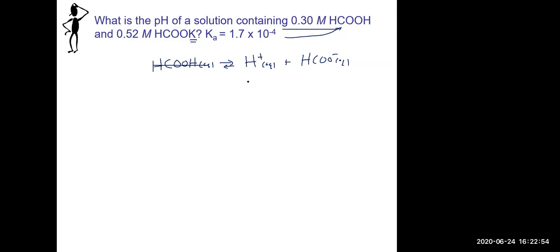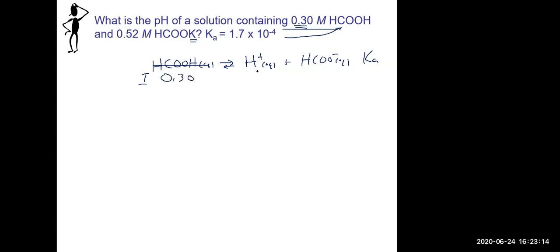This is what the Ka value would be for. If you chose to do an ice table, the ice table would be based off of this. We have obviously our initial concentration of it, which is 0.3.